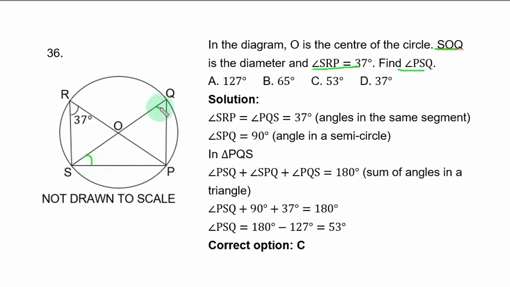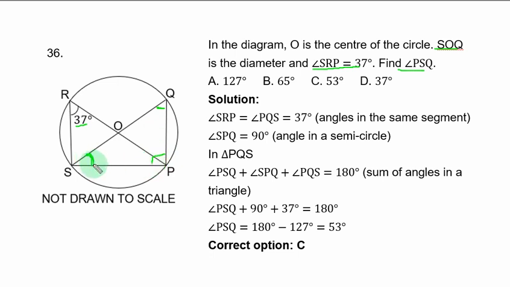Already, this angle is equal to 37, angles in the same segment. If SOQ is diameter, it means this angle is 90 degrees, angle in a semicircle. So you know two of the angles.